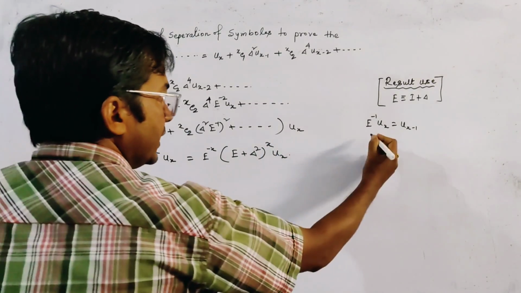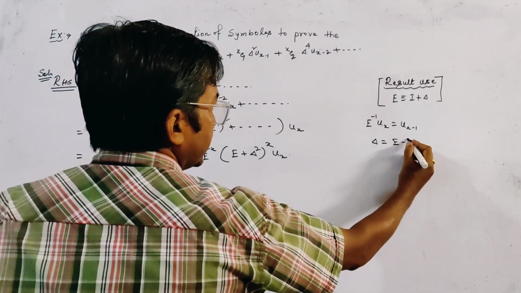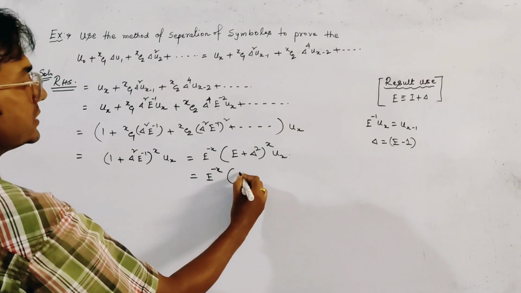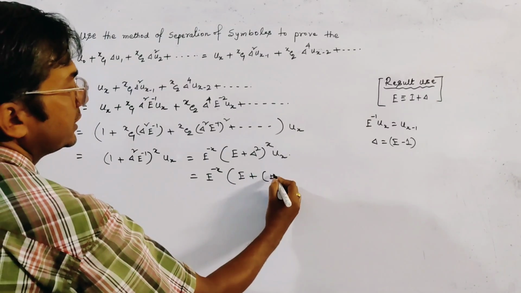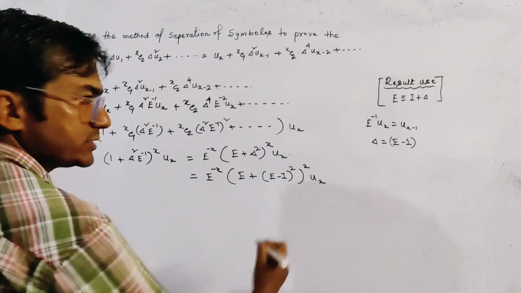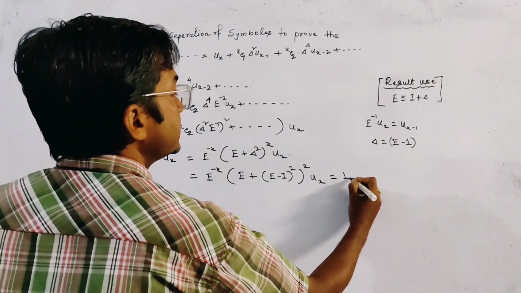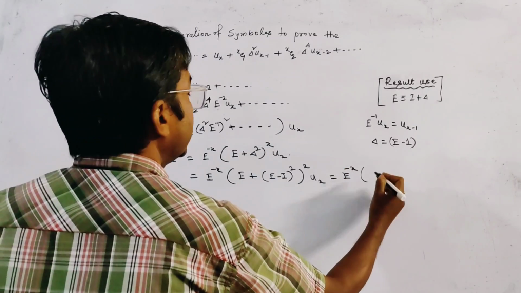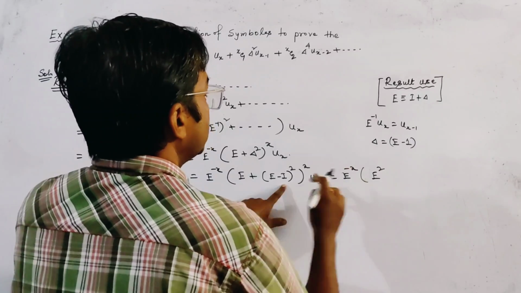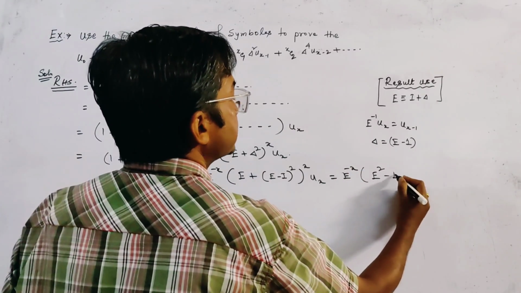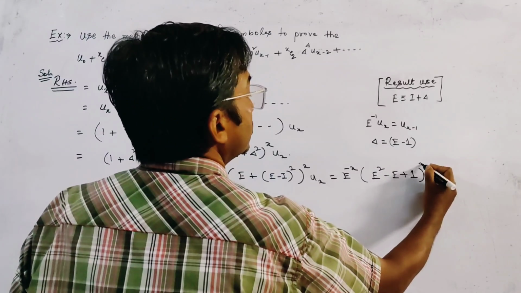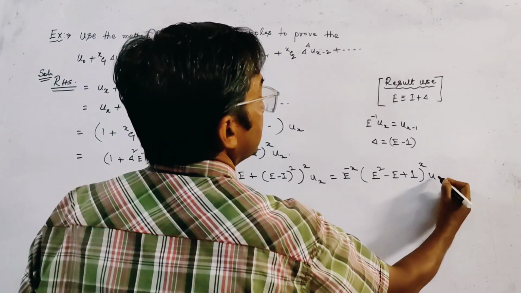Now put here Δ = E - I, and we get the result E^(-x) (E + (E-I)²)^x ux. And clearly this is E^(-x) (E² - 2E + I + E)^x ux, that is E² - E + 1.